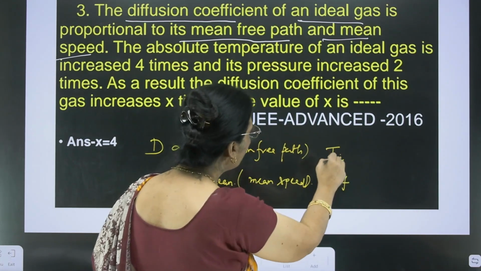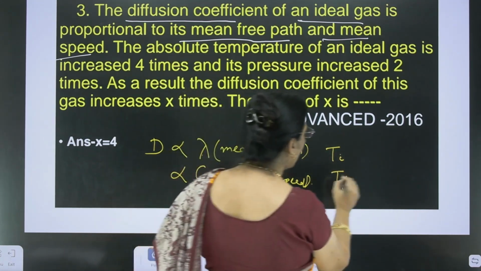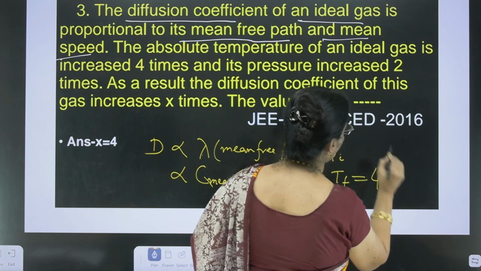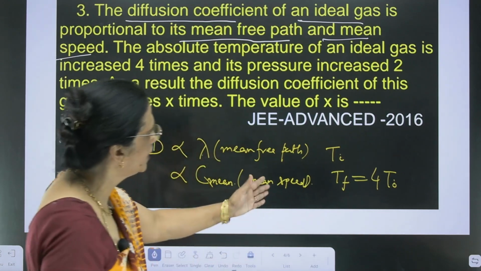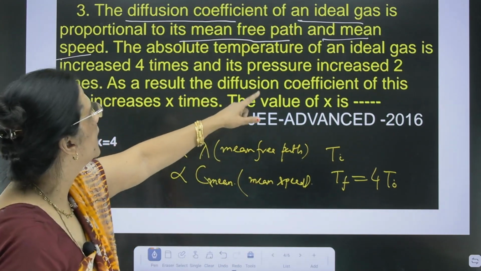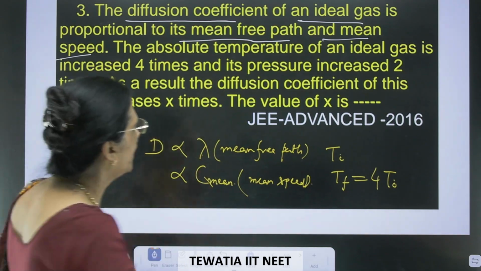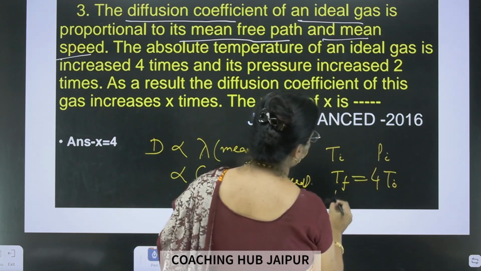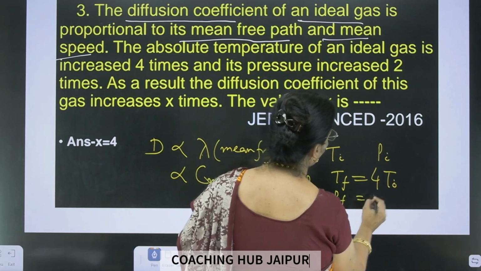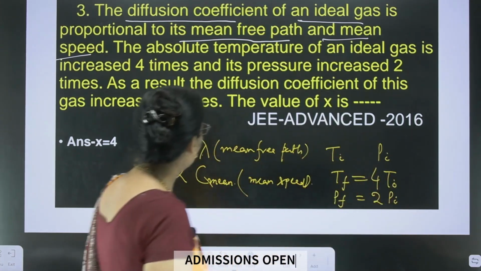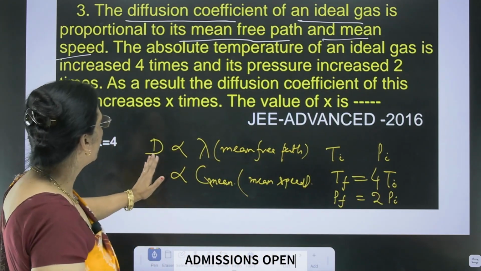It is increased 4 times, that means the final temperature is 4 times the initial temperature. Temperature is increased 4 times and pressure is increased 2 times. The initial pressure is Pi, then the final pressure is twice the initial pressure.